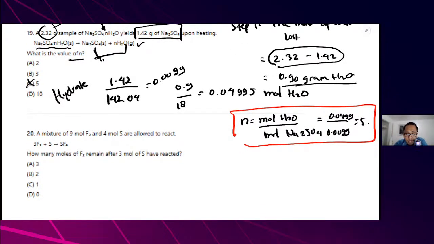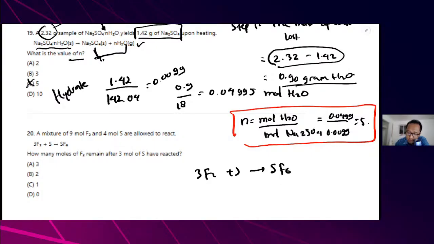Okay, number 20. A mixture of 9 mole F2 and 4 mole S are allowed to react. How many moles of F2 remain after 3 mole of S have reacted? Okay, a mixture of 9 mole, so the balanced equation is 3F2 plus S becoming SF6.